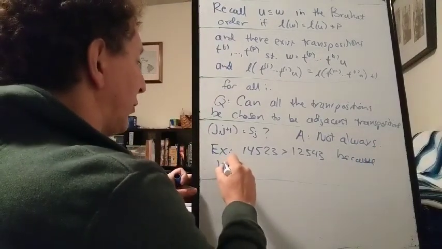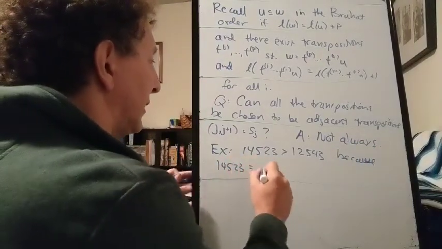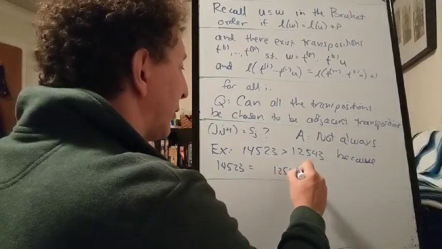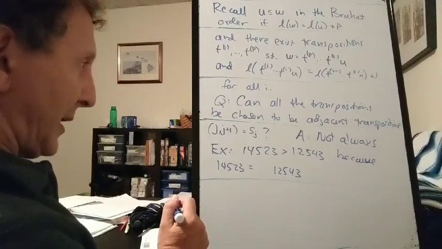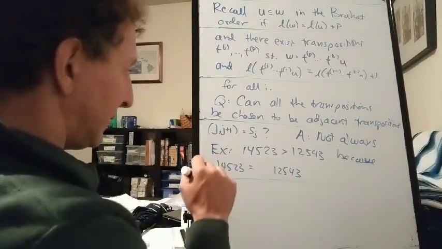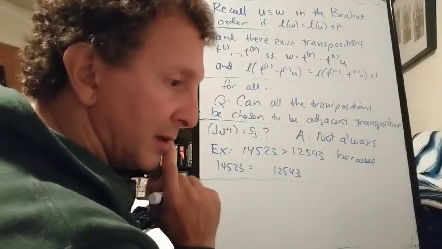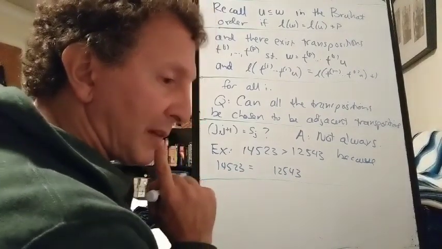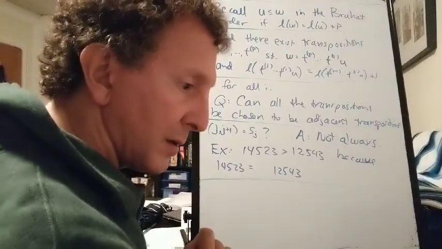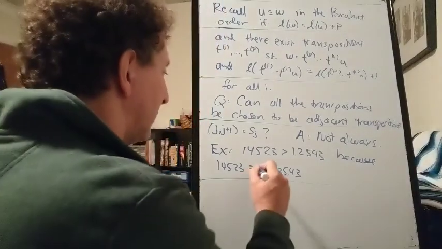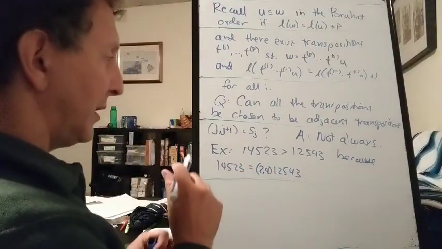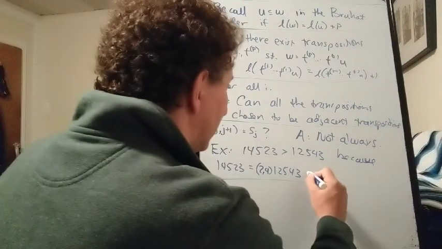Because 1, 4, 5, 2, 3 can be written as 1, 2, 5, 4, 3, and then we left multiply by a transposition swapping the letters in positions 2 and 4, which also happen to be the letters 2 and 4.